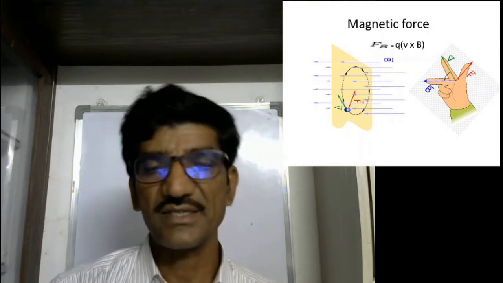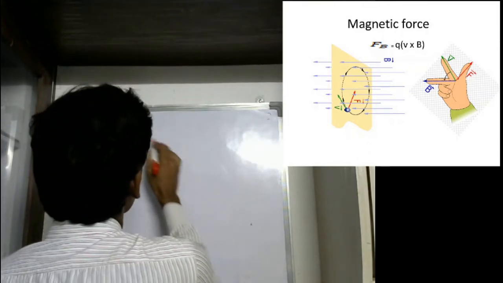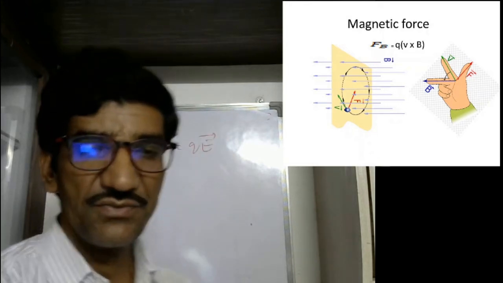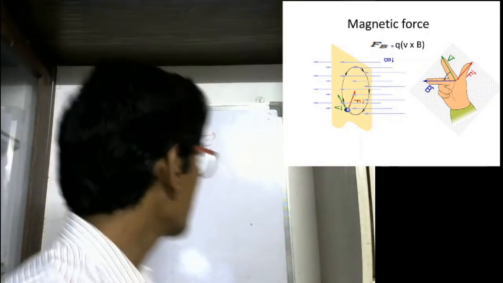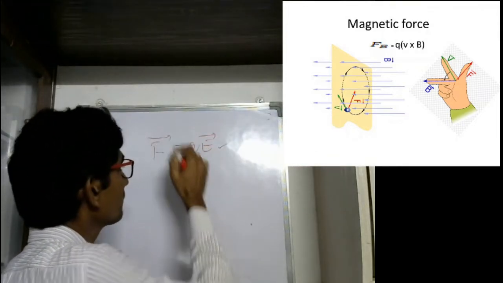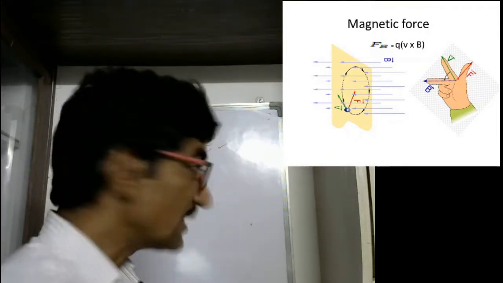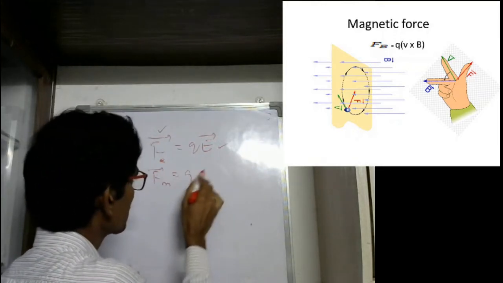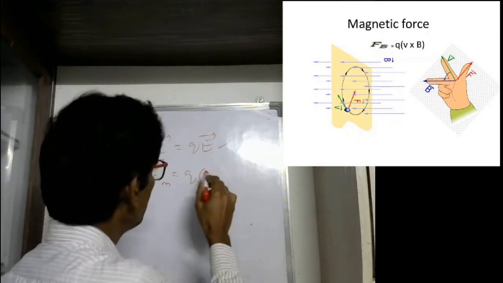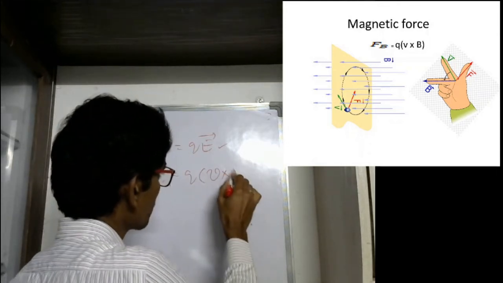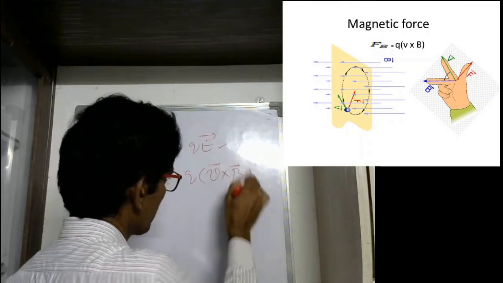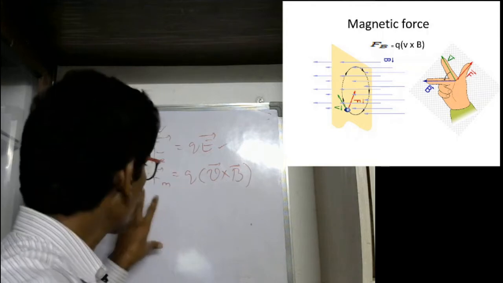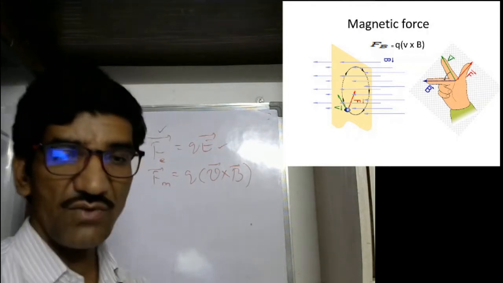In the case of electric force, you have F is equal to QE, and it is very easy to find the direction because the direction of E is the direction of F. But here, your magnetic force is expressed as a cross product with the field. So determining the direction of the force will be somewhat difficult.